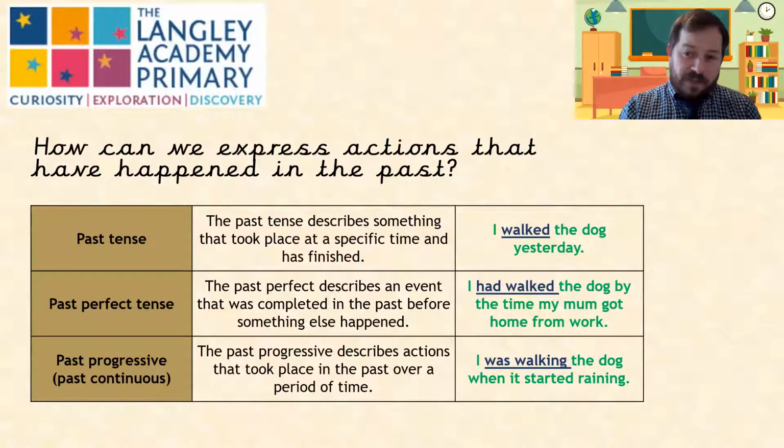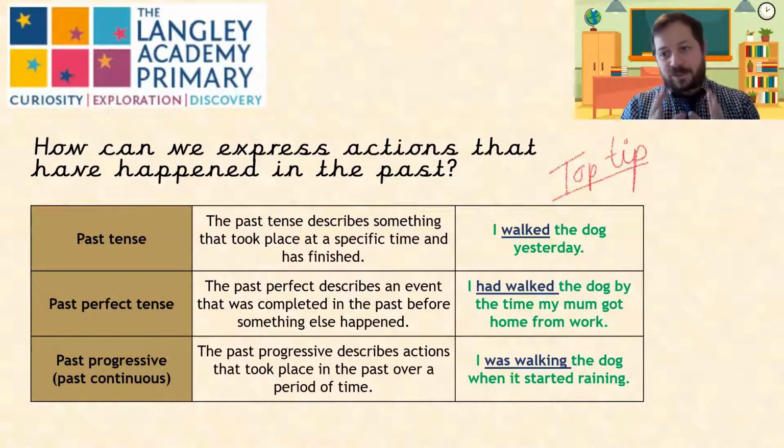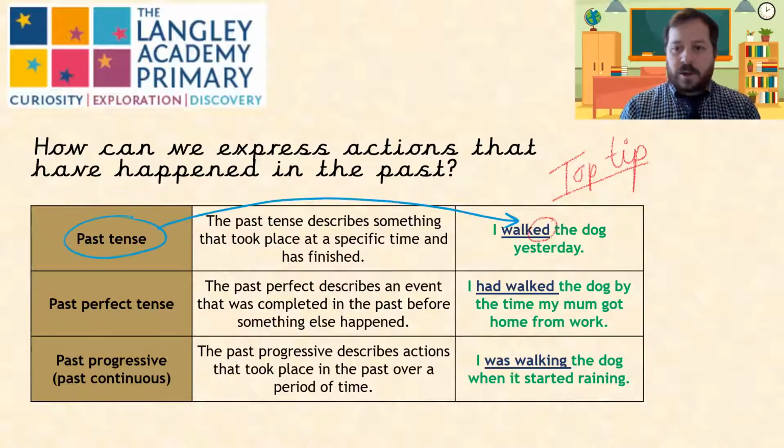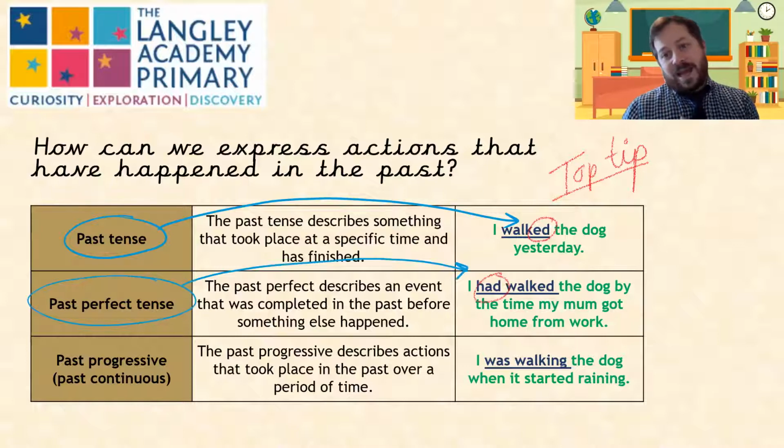And my top tips for this, and this isn't always the case, but it's quite often the case, is that if we're thinking in the past tense, quite often the verb ends in ed. Now, obviously, there are some exceptions to that rule, but it's a nice, easy thing to think about how it works. When we're thinking about our past perfect tense, quite often it has had before it. I had walked the dog, or I had done something.